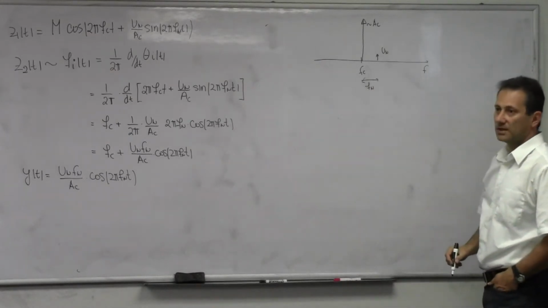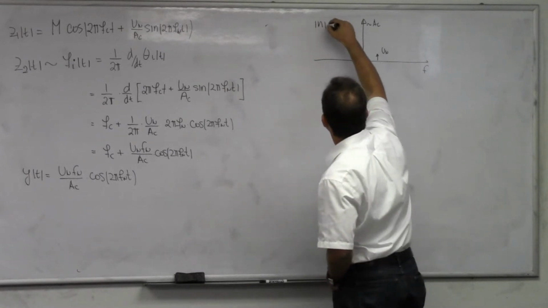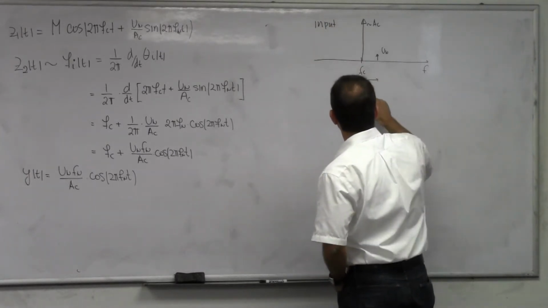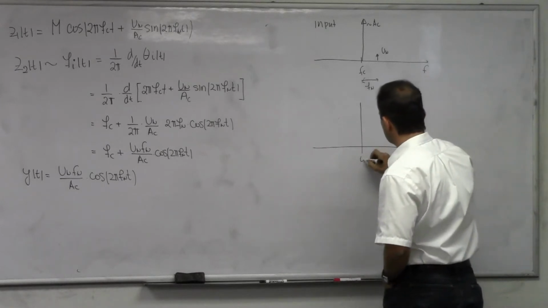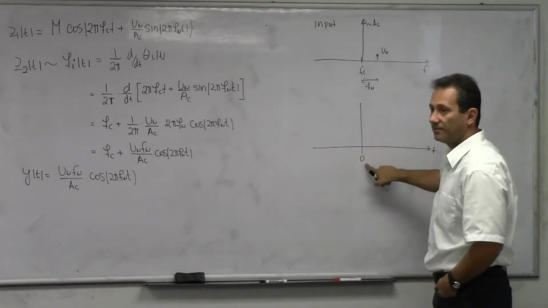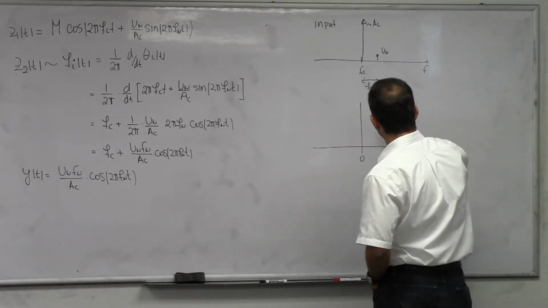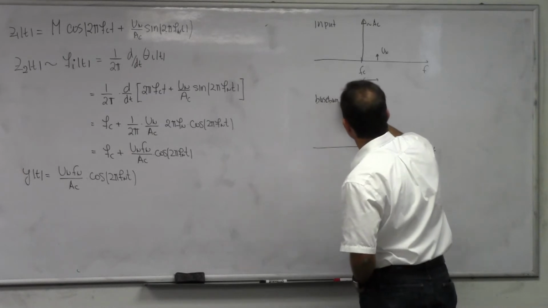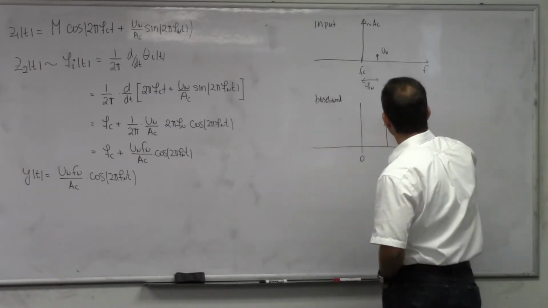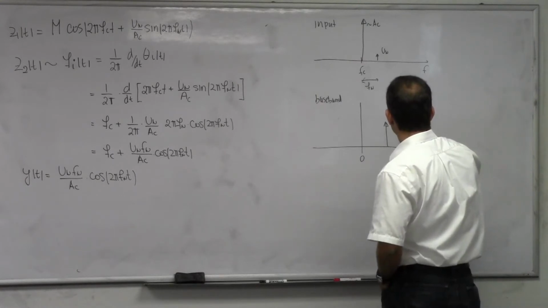That's what is presented at the input. And what I get at the output, now I'm looking at the baseband. The carrier is moved to 0, and this component now appears at the baseband, with a magnitude UN times Fn over AC.